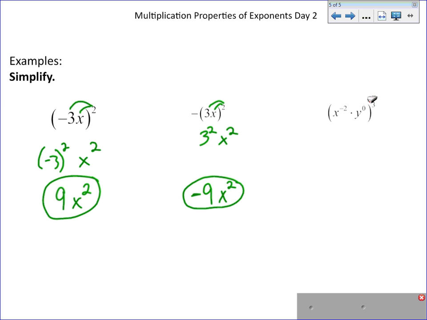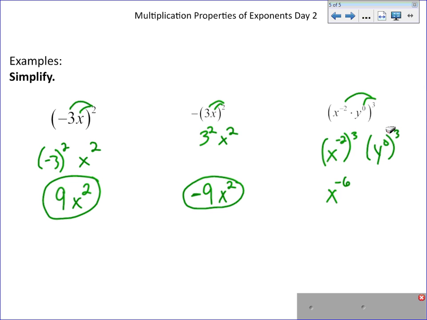And finally, our last example, the 3 will distribute to both of these. We're going to have x to the -2 to the third, and then we're going to have y to the 0 to the third. We've got a power of a power, so we find the product of those two. So you should get x to the -6.